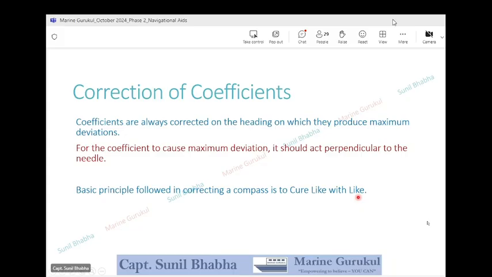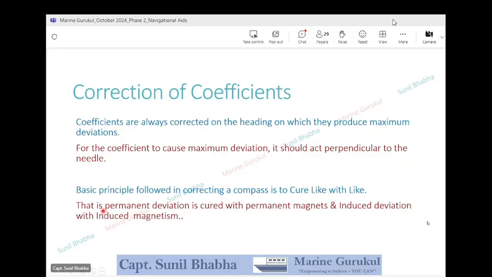Induced deviations are corrected or cured using induced magnets. So permanent is corrected with permanent, induced is corrected with induced. The same thing is mentioned here. Permanent deviation is cured or corrected with permanent magnets. Induced deviation is corrected with induced magnetism.